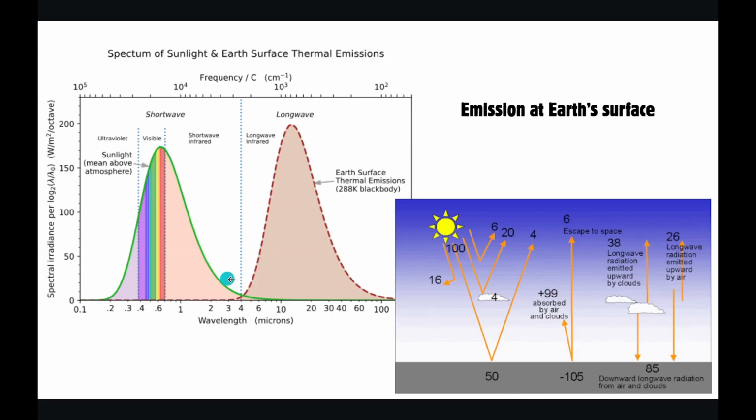This is basically an overlap, which means the energy that falls within this extent, between this brown curve and this green curve, is energy which also comes in as incoming shortwave radiation, and also gets released as long wave radiation emission. So there's an overlap in the radiation, incoming as well as outgoing.